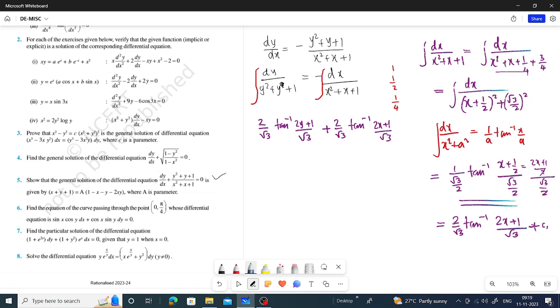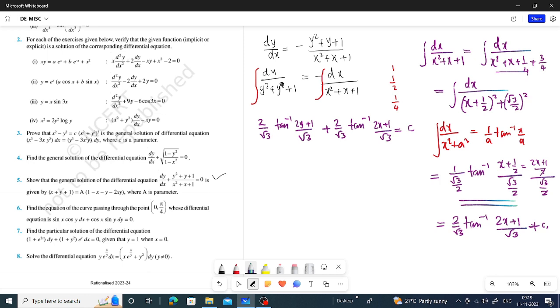And here we have a constant, here we have another constant, and both the constants together we write as c. So this is the solution, tan inverse 2 by 3.